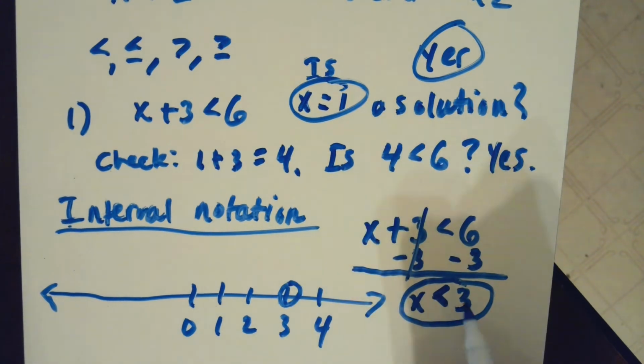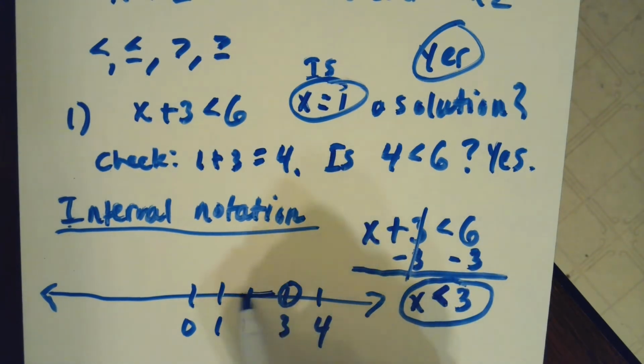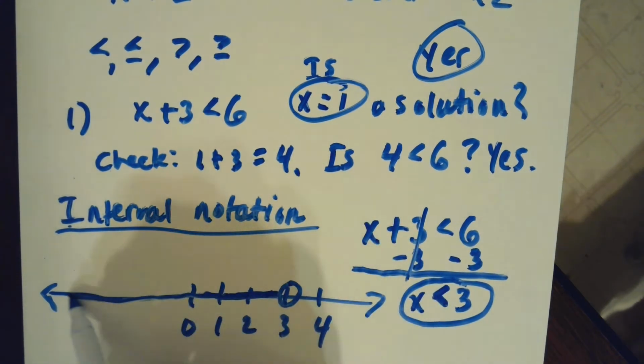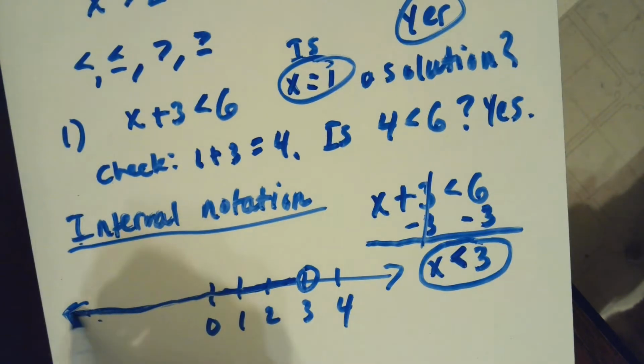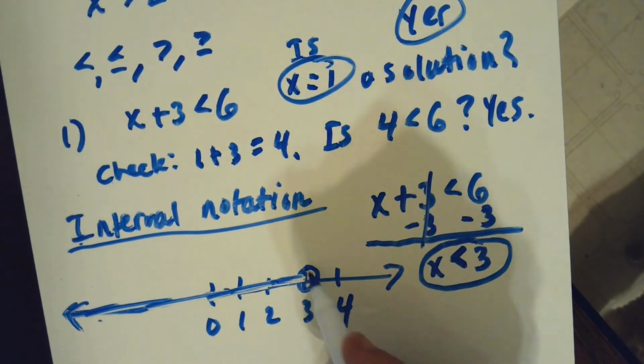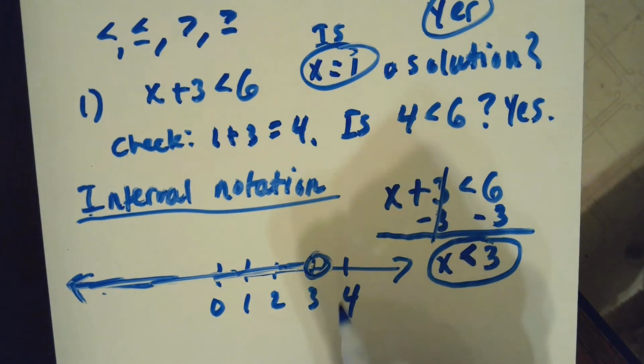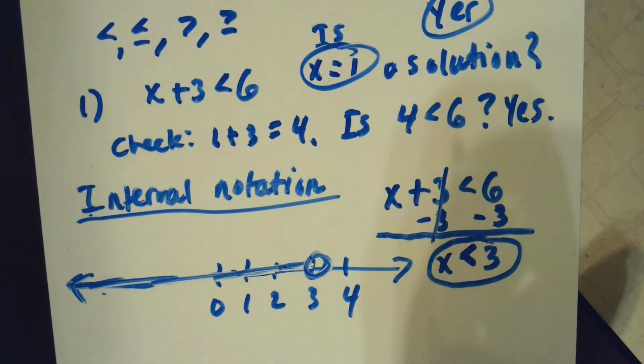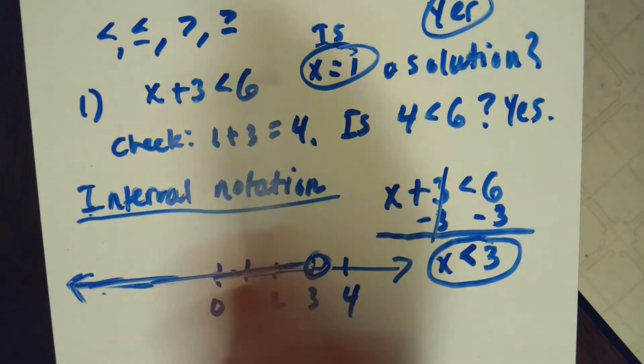But because it's just less than, it's a strict inequality, we just leave it open. Then x is less than 3 is what we want to shade in. So anything less than 3, or in other words, anything to the left of 3. So we're shading in this whole thing. This is our solution set. This is our interval that is a solution of this inequality.